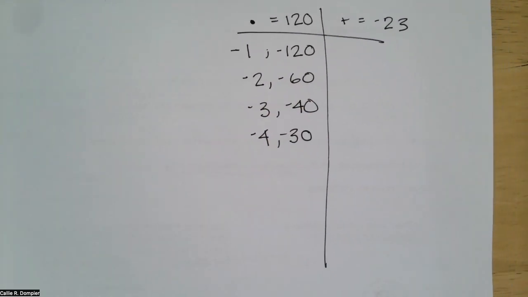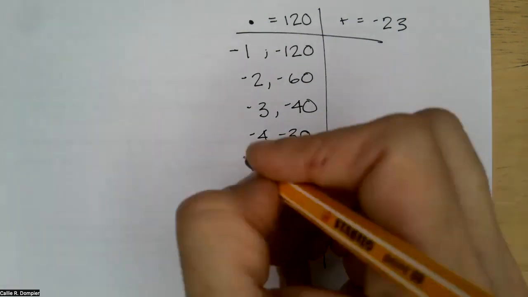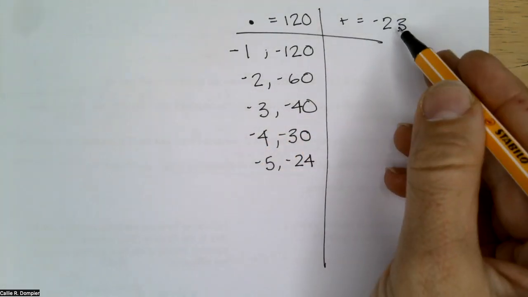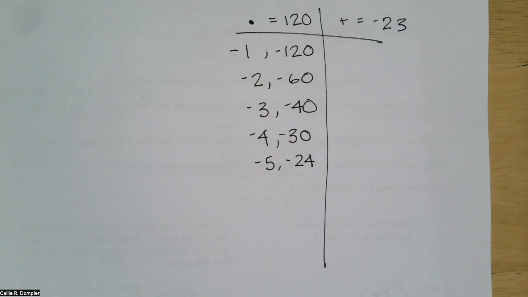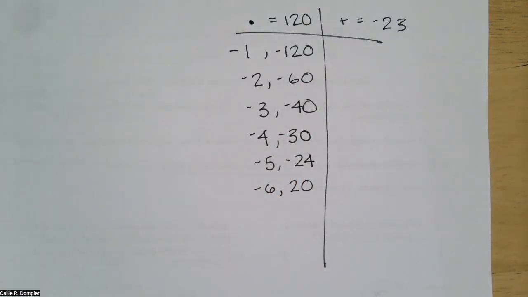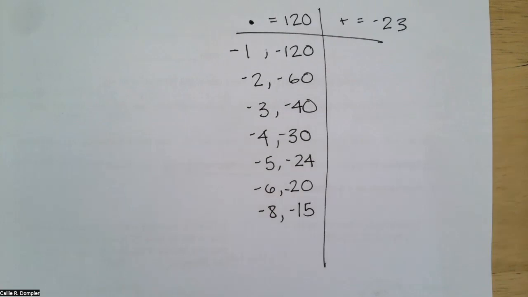Negative 30, of course. 120 divided by 5 is 24. We're getting close, right? 120 divided by 6 is 20. 120 divided by 7. Nope. 120 divided by 8. 8 and 15. Sorry, that should be negative 20.